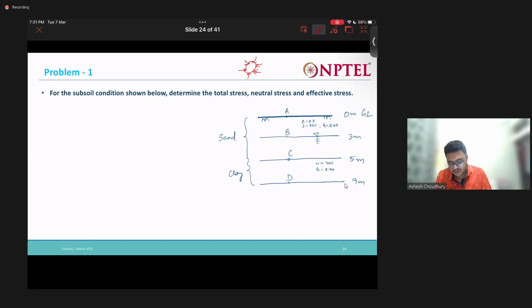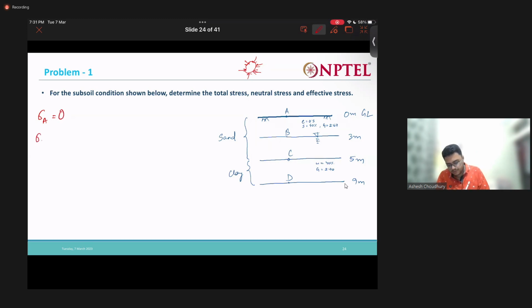Now let us come back to the problem. This is the subsoil condition given. We need to determine the total stress, neutral stress, and the effective stress. First let us determine the total stresses. What will be the total stress at point A? 0.